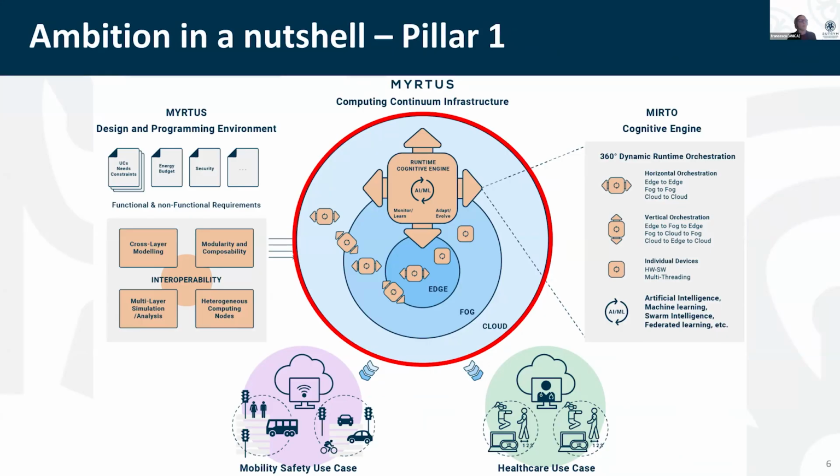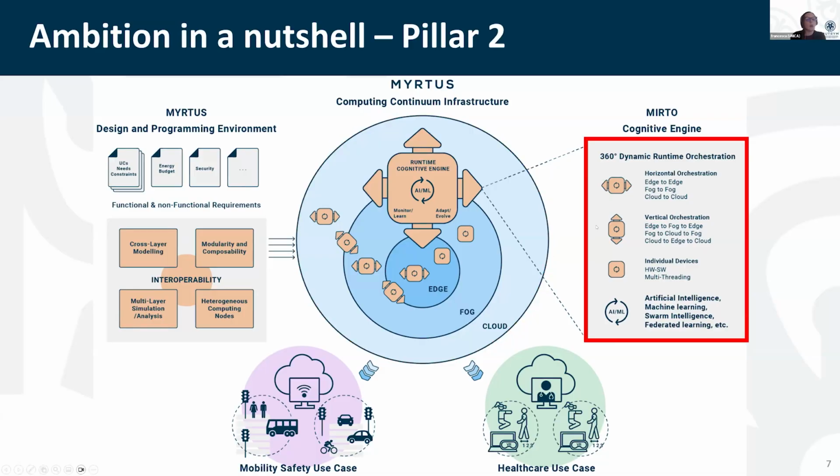The first one is the definition of a reference computing continuum infrastructure, whose peculiarity is that it is composed of heterogeneous resources, to be orchestrated and managed by MYRTO, which is an AI-powered cognitive engine that represents the core of the project and is capable of managing both workload customization and resource customization at runtime.